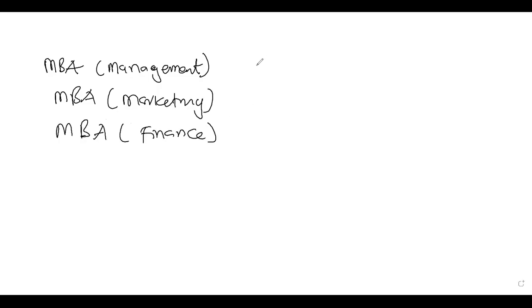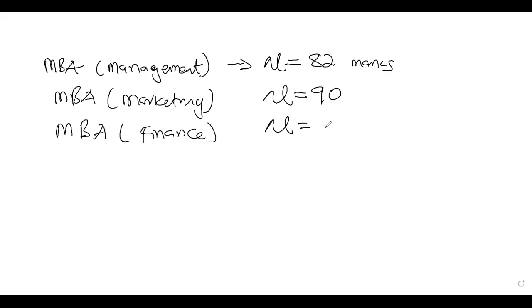Now let's assume that for this group, their average score in a test or in an exam, let's assume they had 82 marks. Then for this group, their average score in an exam, let's assume they had 90 marks. Then for this group, the average score in an exam, let's assume they have 76 marks.